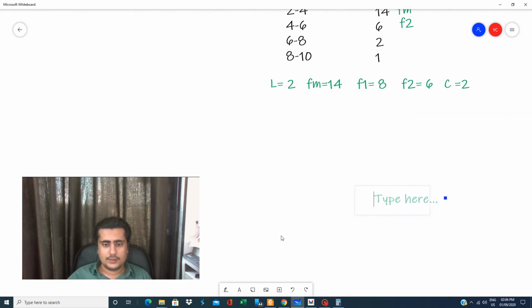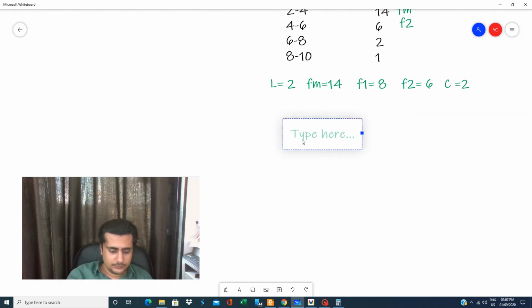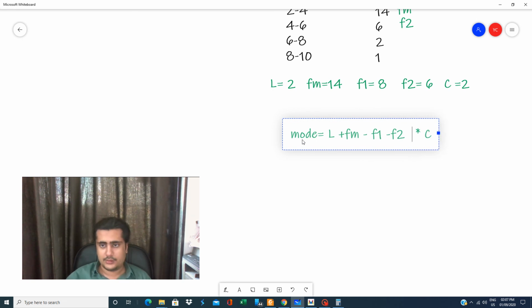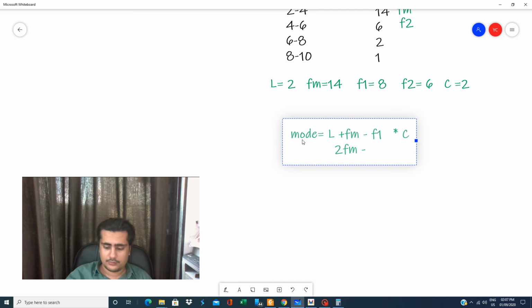Let us write the formula. Mode is equal to L plus (Fm minus F1) upon 2Fm minus F1 minus F2. So mode is equal to, what is L?